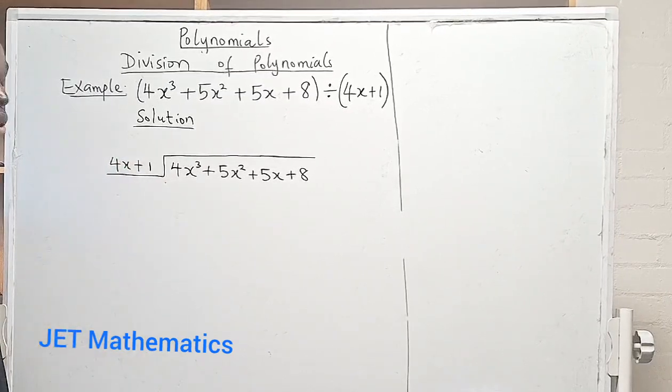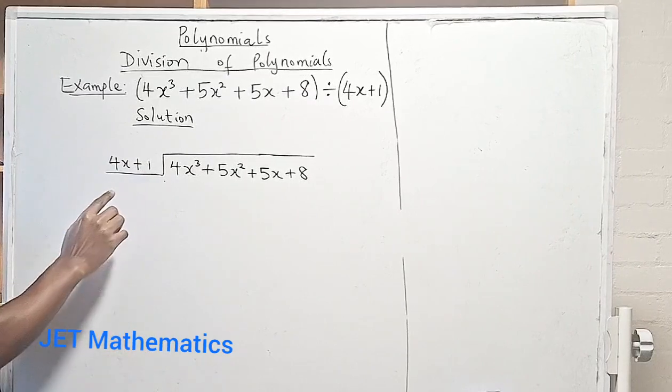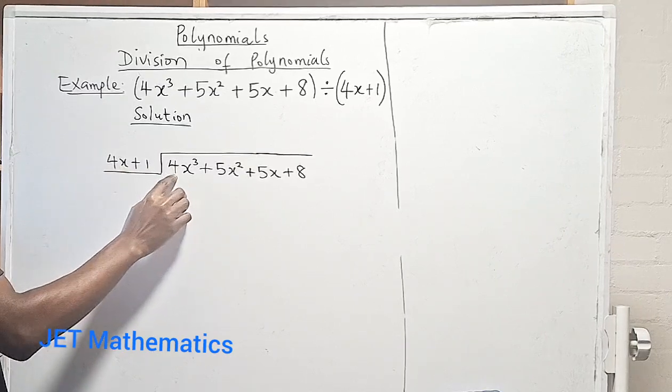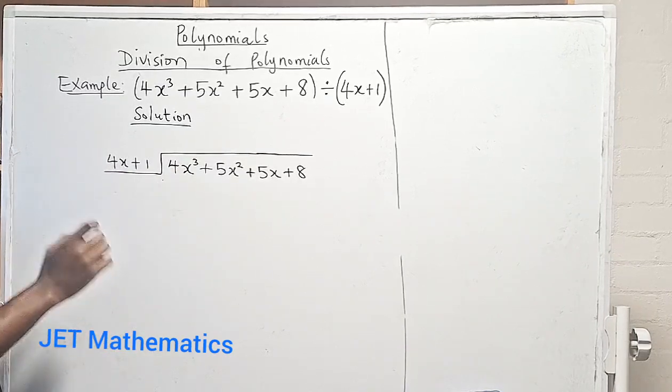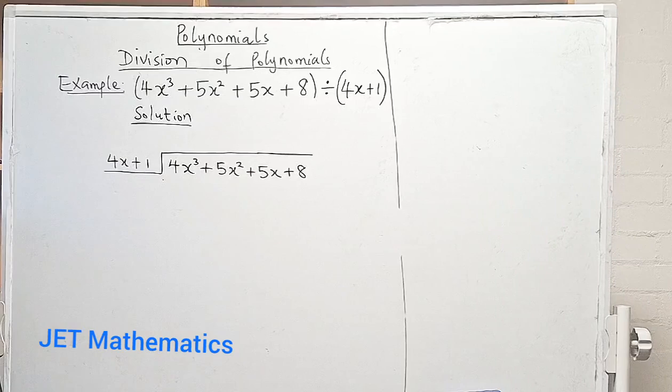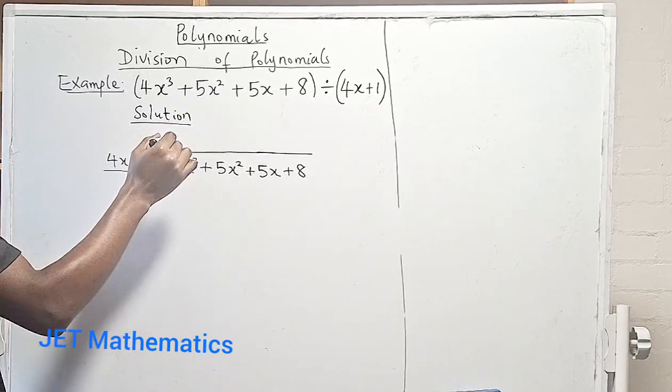So remember, we'll say first of all, what can I use to multiply 4x that will give me 4x cubed? Obviously, we can use x squared.